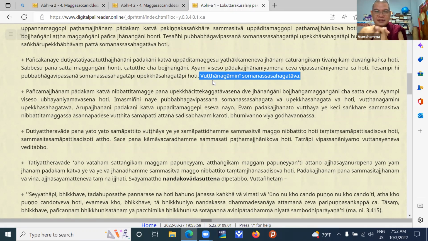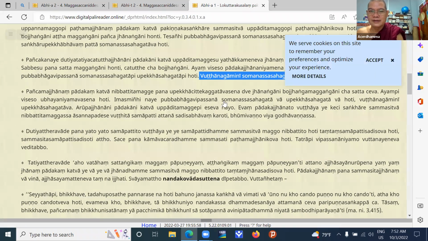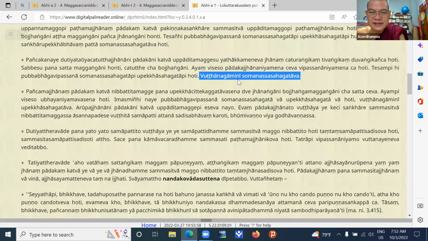Uttana Gamini Vipassana Jnana was supposed to be the Magga there. So here, Dutiya Janika Magga, Tatiya Janika Magga, Chaturtha Janika Magga: these Magga are associated with Sukha. The second jhana with Sukha, the third jhana with Sukha, the fourth jhana with Sukha. That's why Uttana Gamini Vipassana Jnana also must be associated with Somanasa.